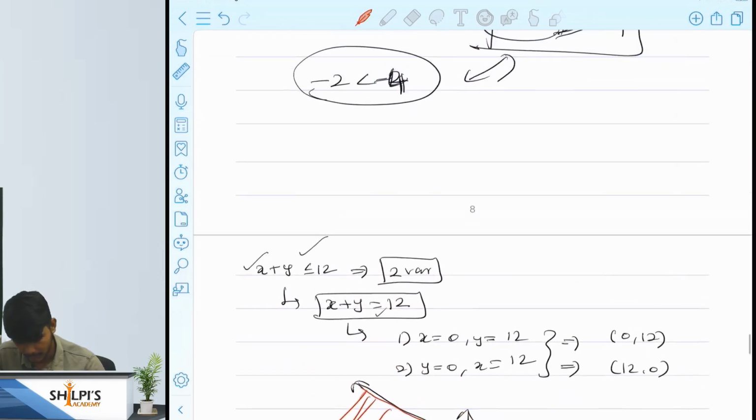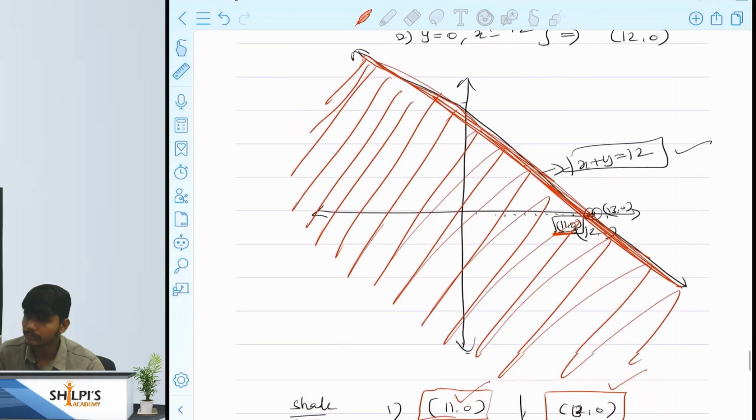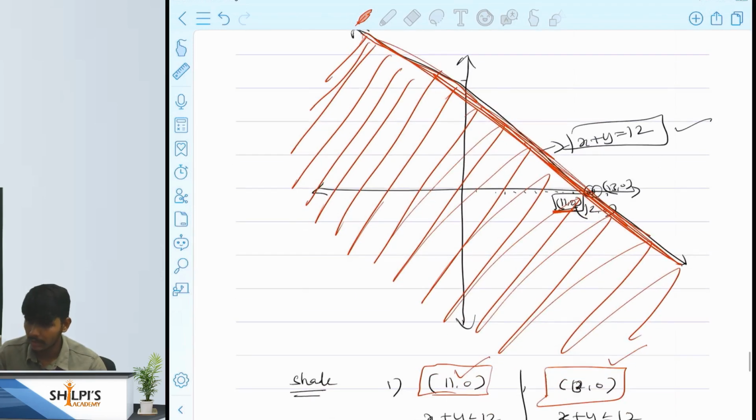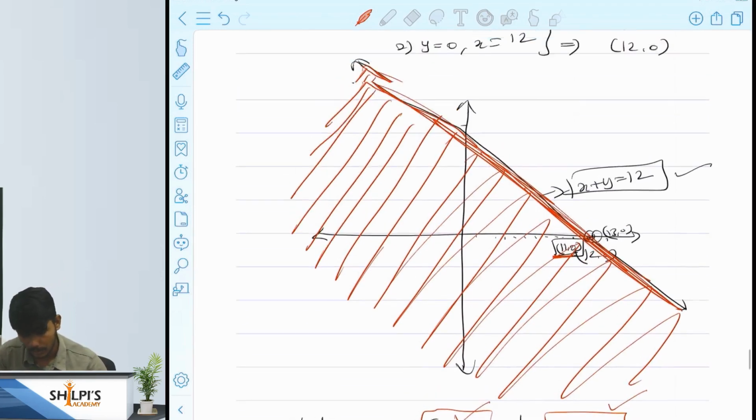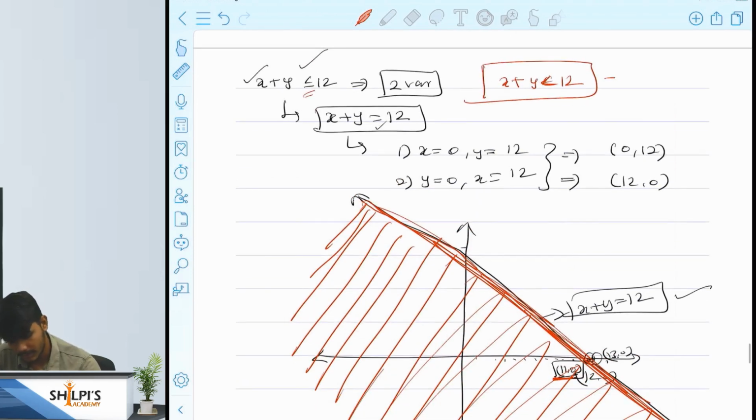Yes, since we have the equal symbol, we will shade this line too. So for this equation, I will shade the region as well as the line. But what if we had this now? For this question, I will shade only the region, not the line. That's all.